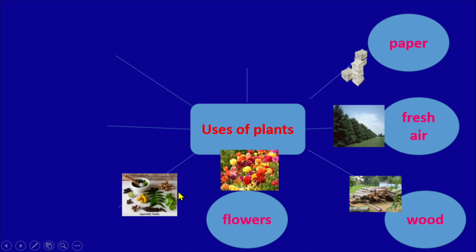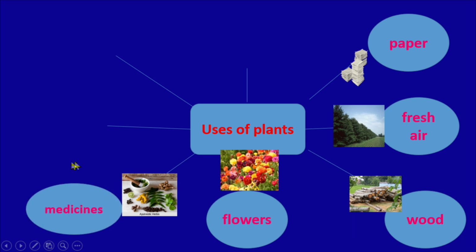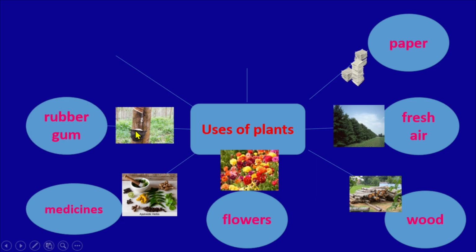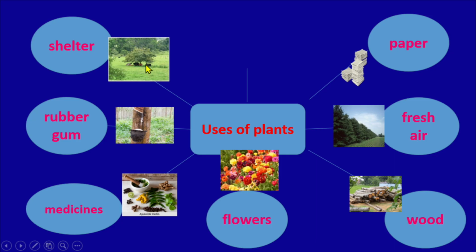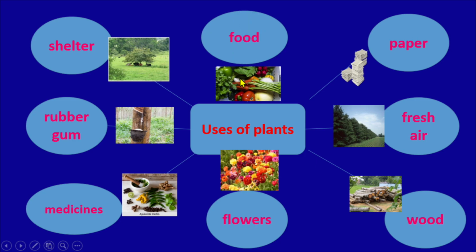Some of the plants are used as medicines like neem, turmeric, tulsi. All these are used as medicines. We get latex from the plants, that is used for rubber and gum. Trees give shade for the animals. So, that is shelter. And we get food from plants, vegetables, fruits, oils, seeds, all this we get from plants.